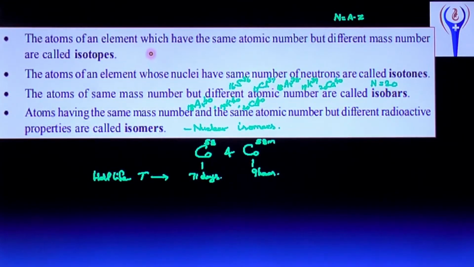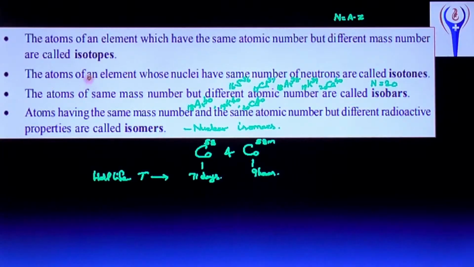Some more terms we want to study, based on the same number of protons, same number of neutrons, same atomic number or same mass number. Atoms of an element which have the same atomic number but different mass number are called isotopes. What are isotopes?